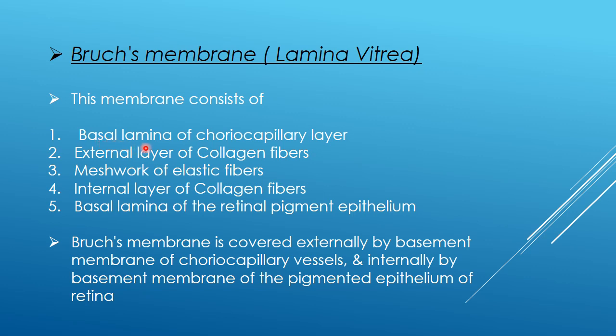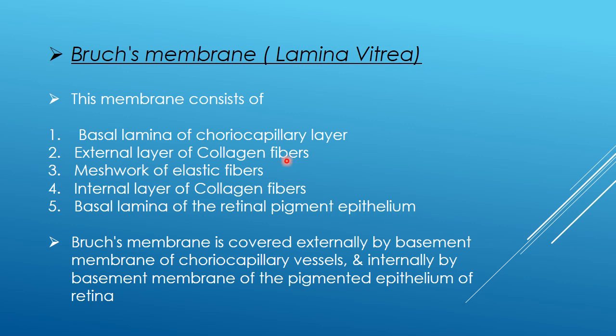First of all, there is the basal lamina of the choriocapillary layer, which lies just above the fibrous tissue. Then is the external layer of collagen fibers. Then the third layer is the elastic fiber. Then again there is an internal layer of collagen fibers, and the innermost, the fifth layer, is the basal lamina of the retinal pigment epithelium. So there are 3 layers of fibrous tissue.